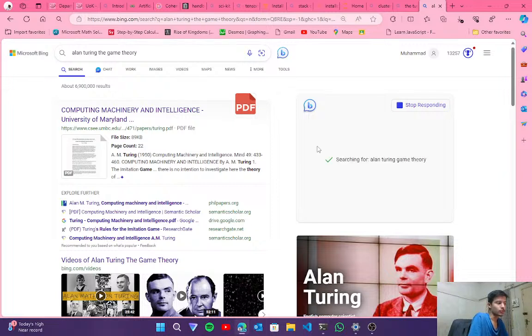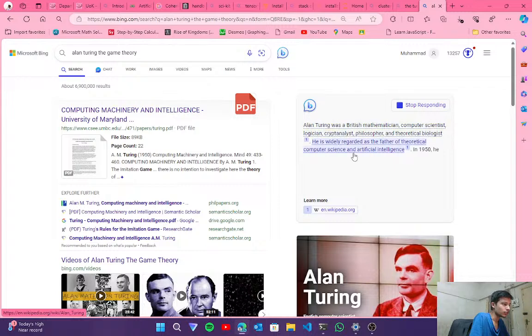Let's see what Bing has to say. Alan Turing was a British mathematician, computer scientist.